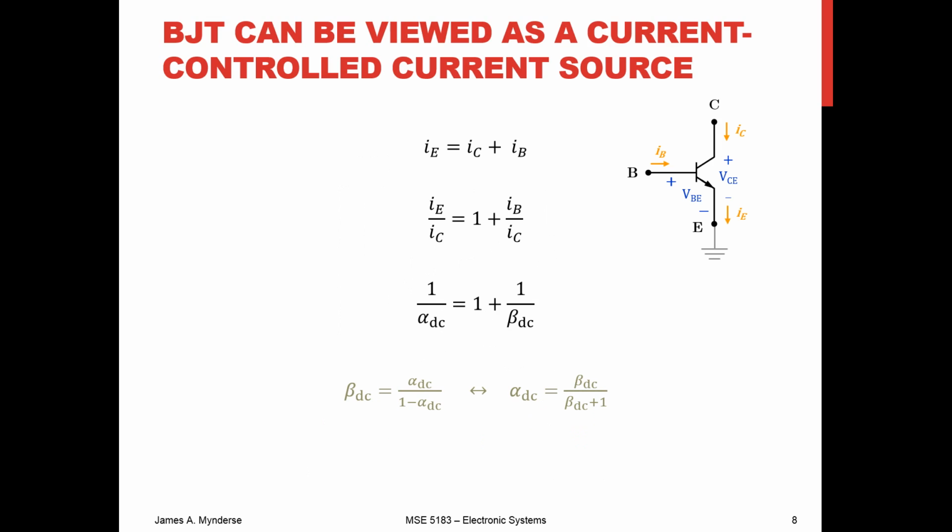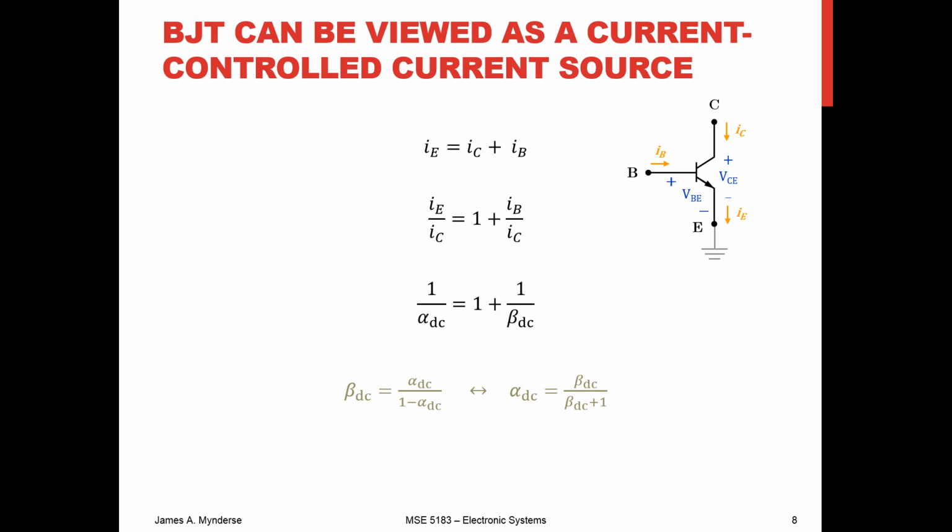So we can relate these two because we can say, again, using Kirchhoff's current law, that the emitter current, I sub E, must be the sum of the base current, I sub B, plus the collector current, I sub C. Well, we just defined some terms that are in terms of I sub C, so let's divide left and right sides by I sub C, and we get I sub E divided by I sub C, which, remember, that's 1 over alpha, is equal to 1 plus I sub B over I sub C. Well, that's 1 over beta.